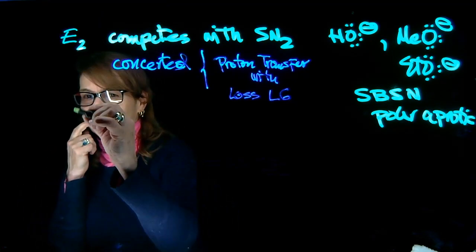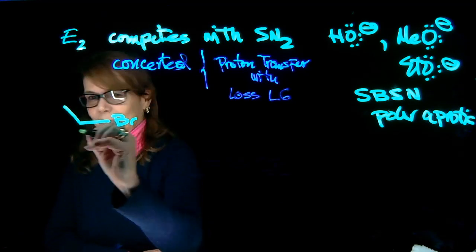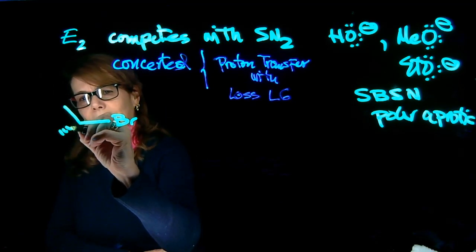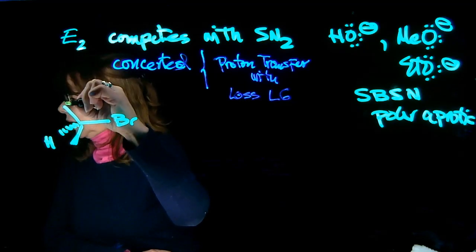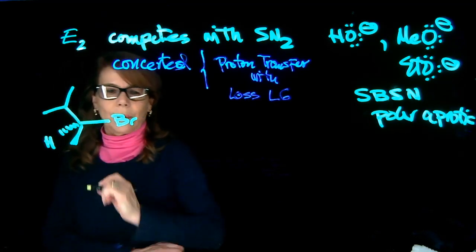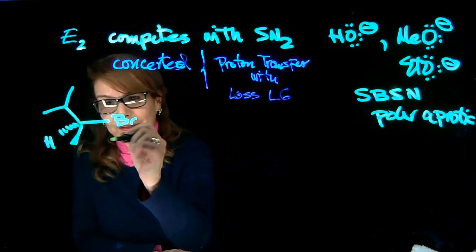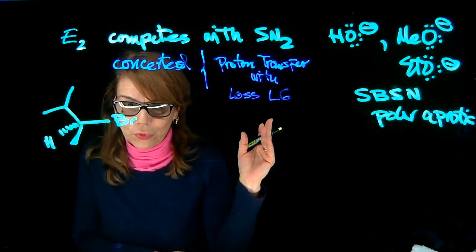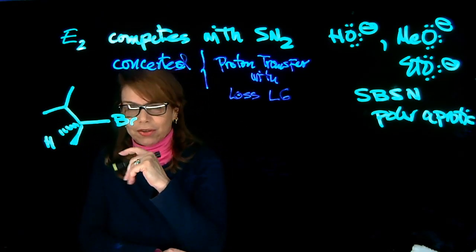Say that I have the following substrate. Here I'm using, again, this example I have been using for the other reaction. I have chosen a secondary alkyl halide so that I'm able to have this reacting under various conditions.